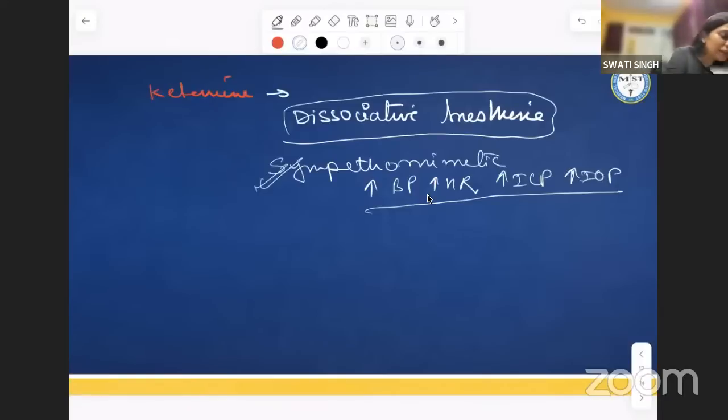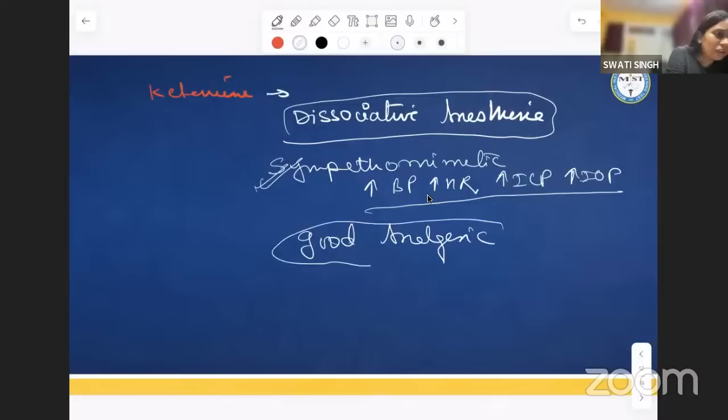Then, ketamine is a very good analgesic. Ketamine is a wonderful analgesic. No other IV anesthetic agent is a good analgesic, right?